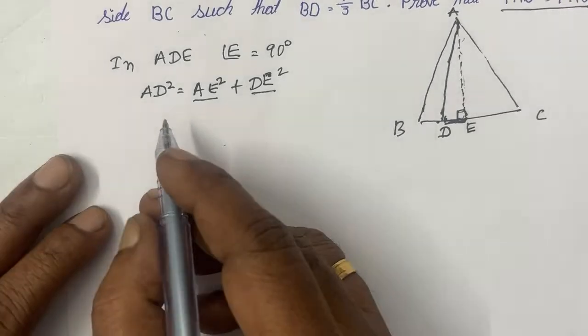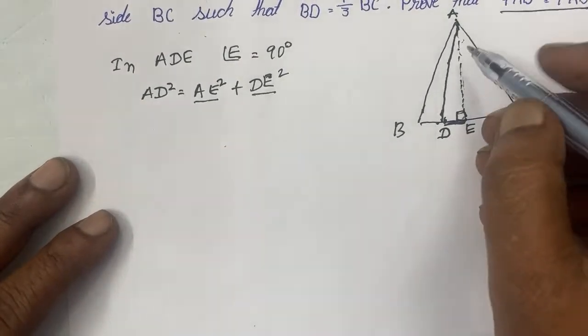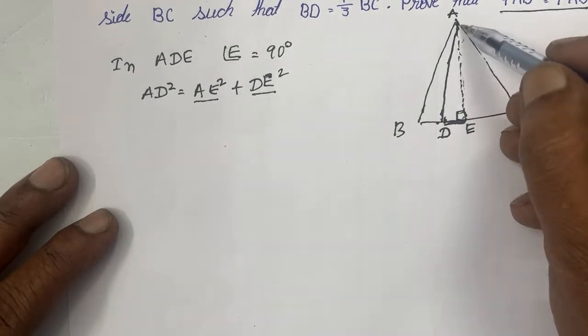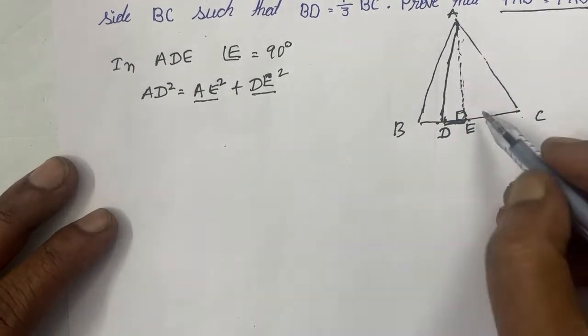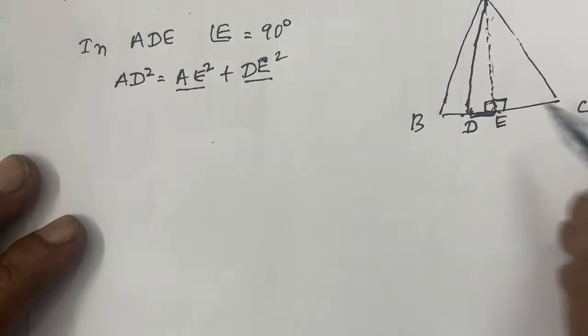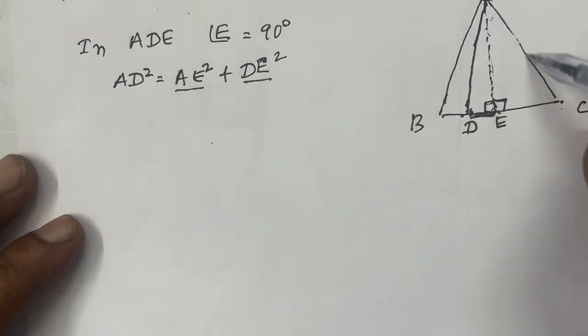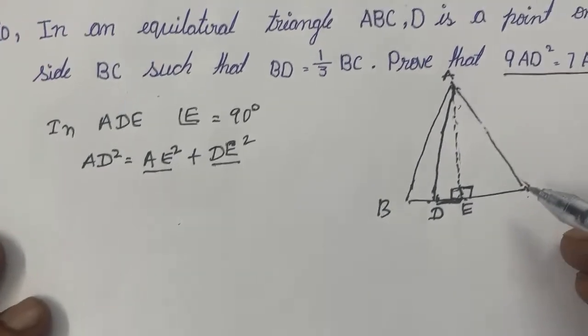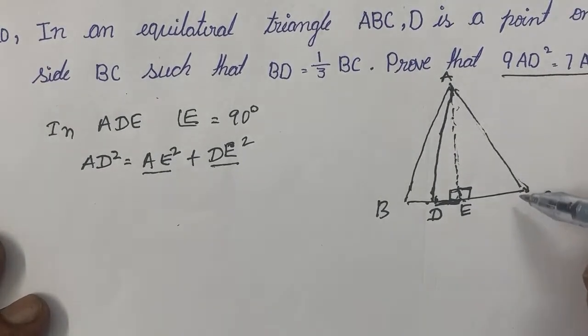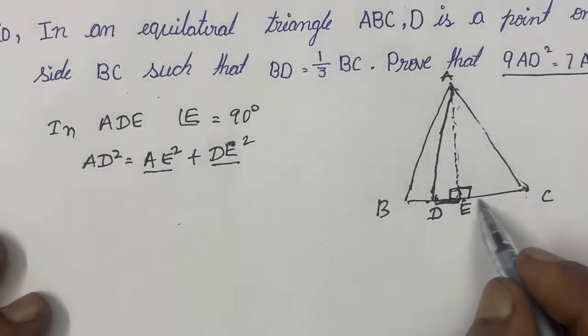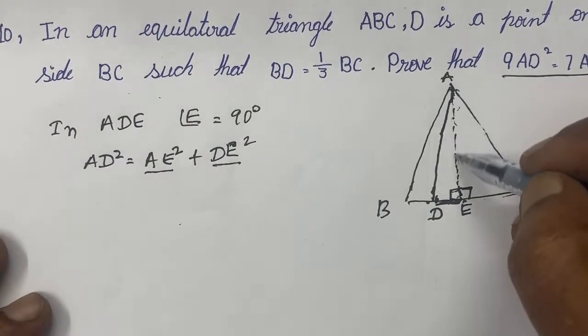Now, to get AE square, I am going to another triangle here, AEC. Here, E is 90 degrees, the hypotenuse is AC, and the base is EC and the opposite is AE.